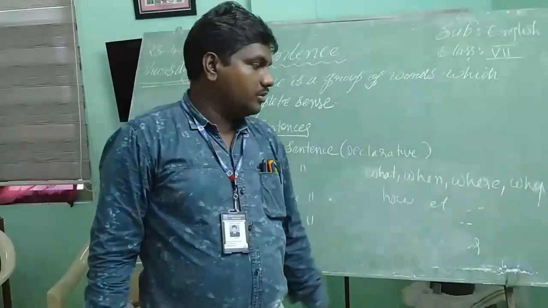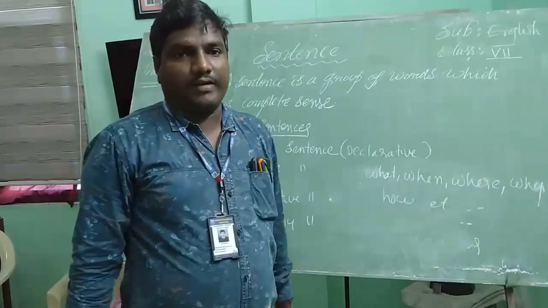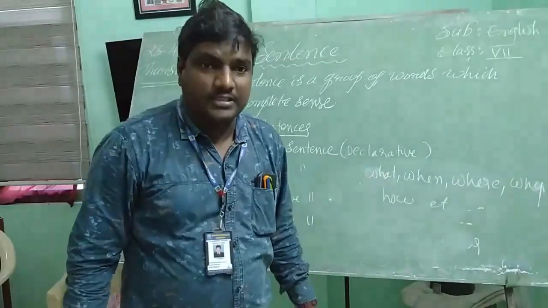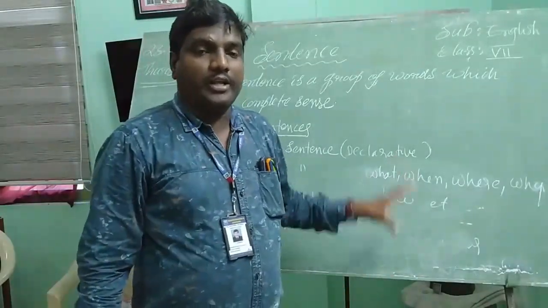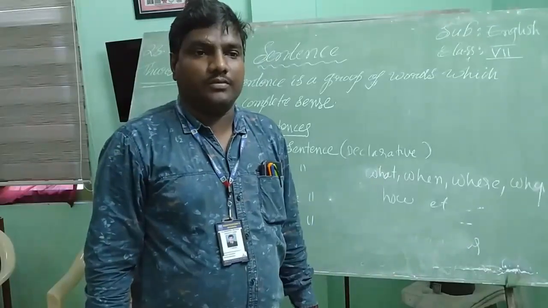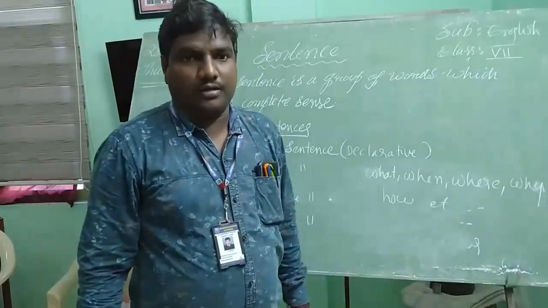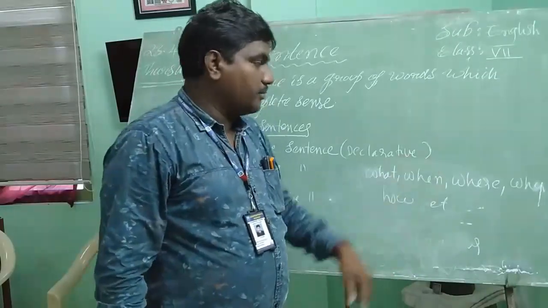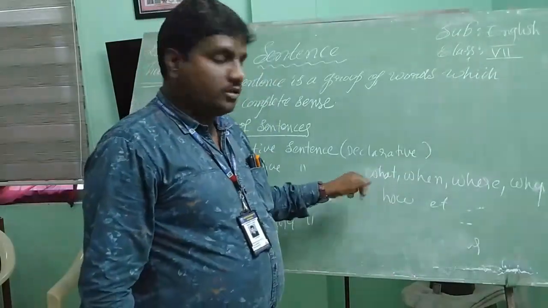Here we don't give the answer yes or no. For example, what is your name? What will you say? Will you say yes or no? No. So, what is your name? My name is so and so, we will say. How old are you? I am 10 years old. Like that we will say. We don't say yes or no. So, these are the examples of WH word questions.